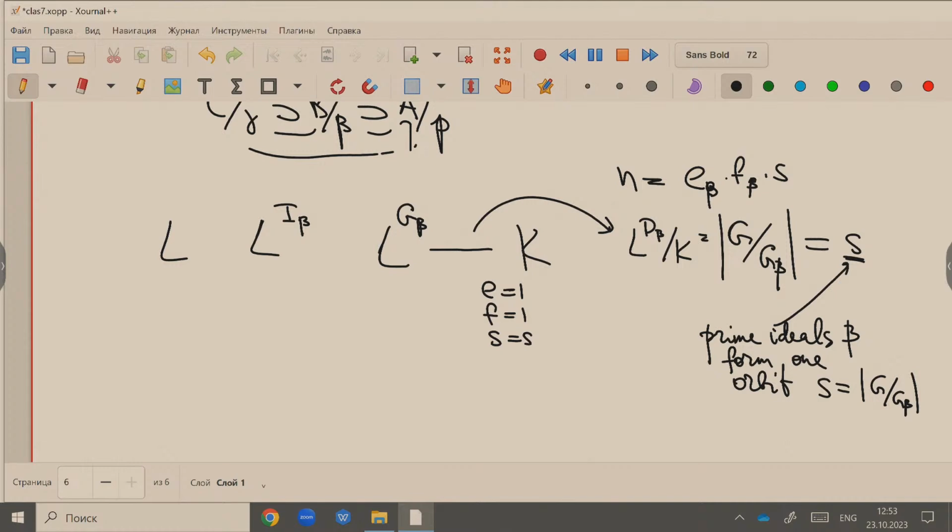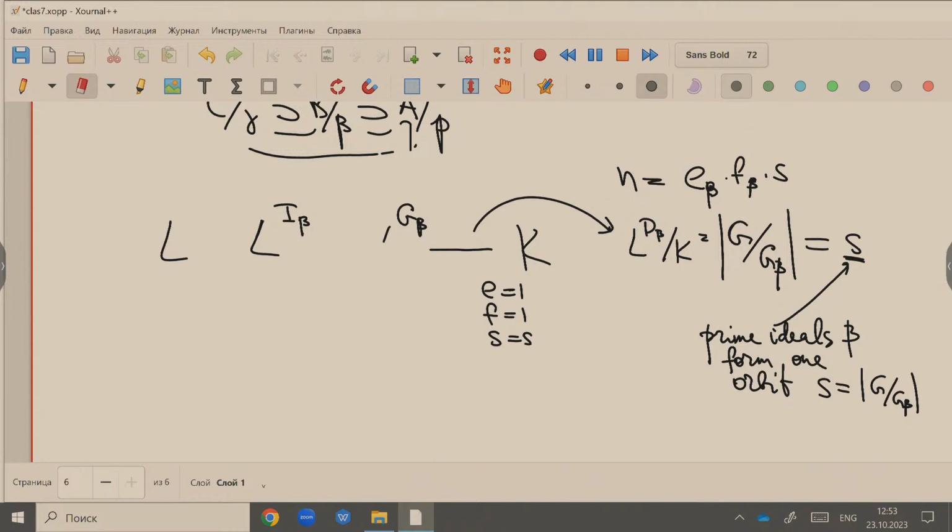This means that if you take, in this field, G beta, you may think of the following.